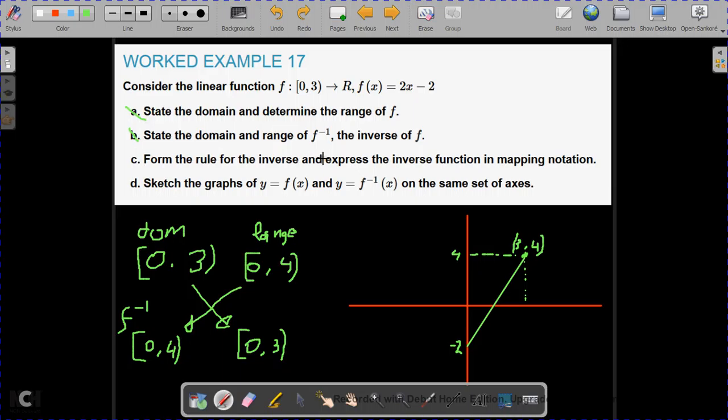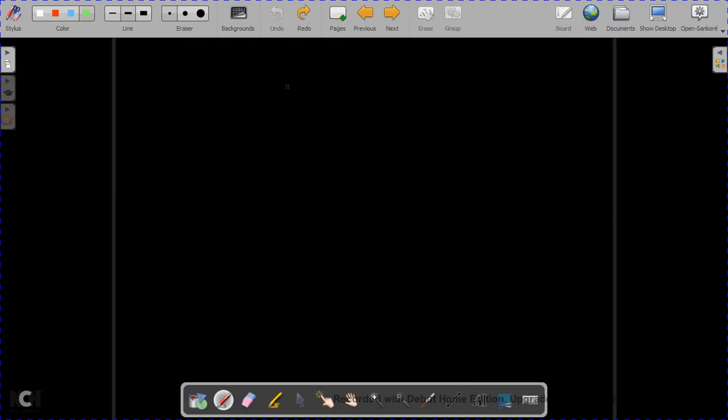Form the rule for the inverse and express the inverse function in mapping notation. Now let's go to a new page. So we've got y equals 2x take 2. Now to find the inverse, we have to interchange x and y. So x equals 2y take 2. Now we add 2 and then we'll divide by 2.